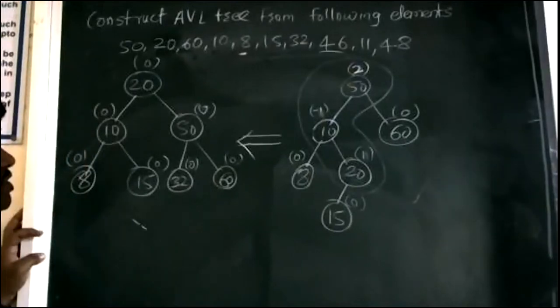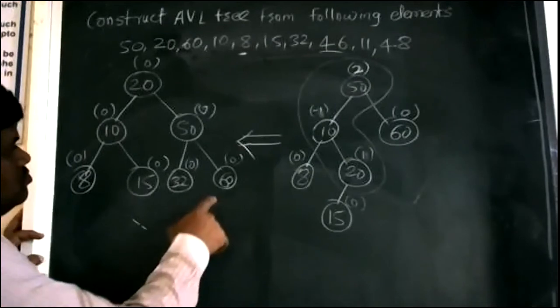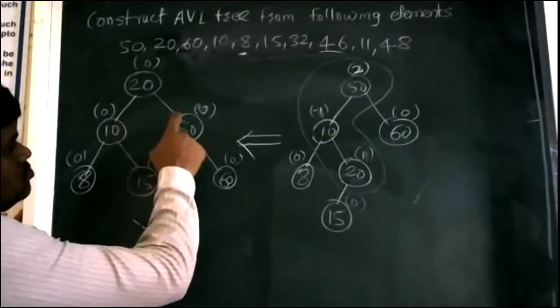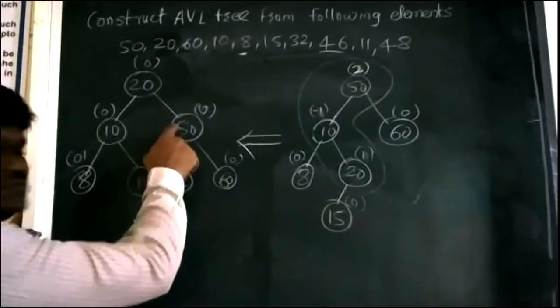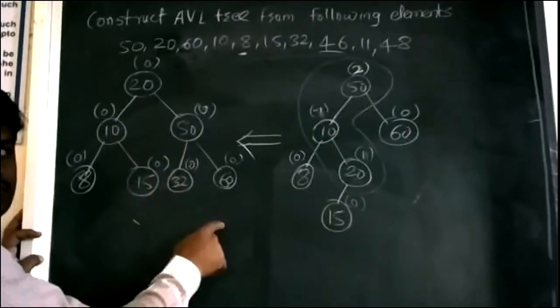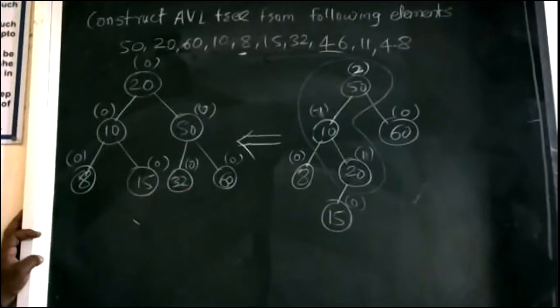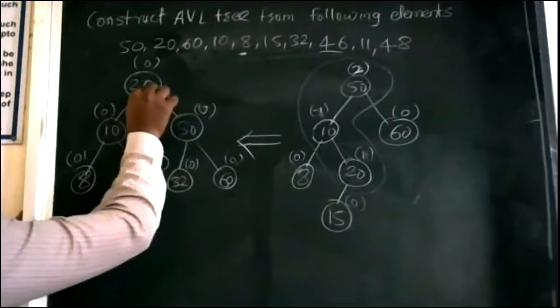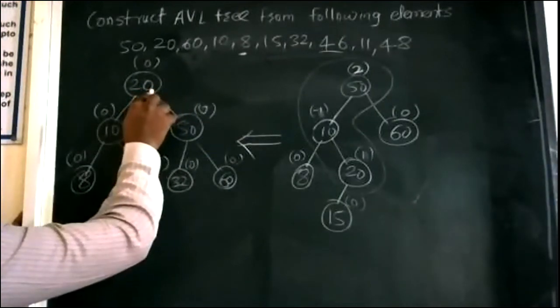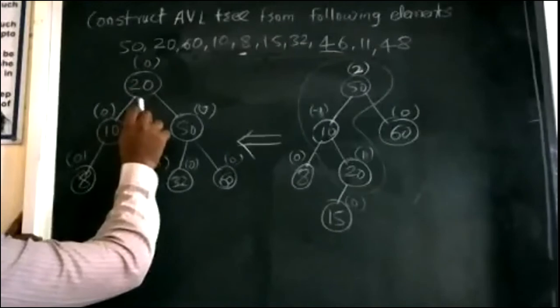Now next element, 46. Where to add 46? In a binary search tree, 46 is greater than 20 or less than 20?